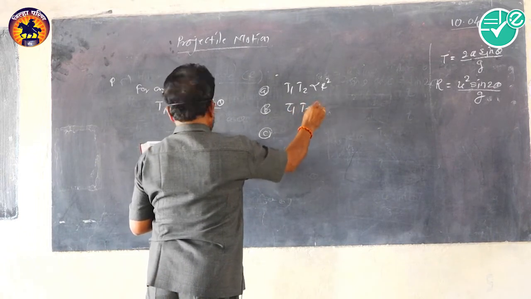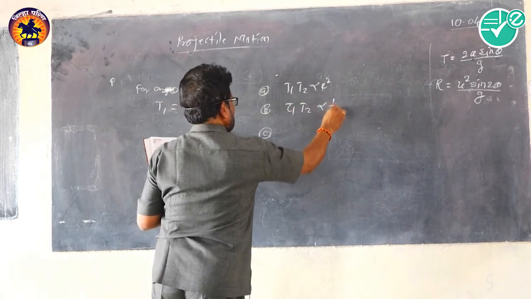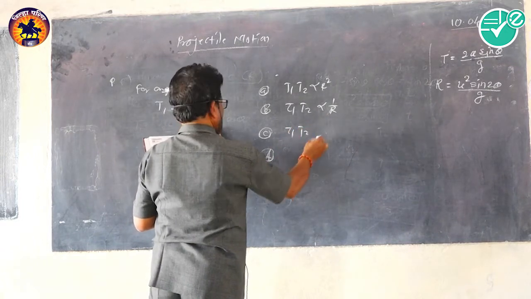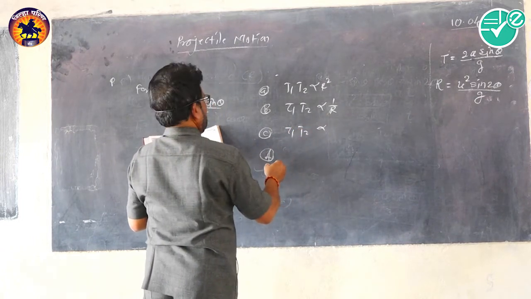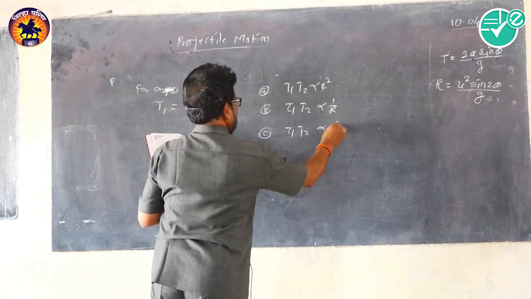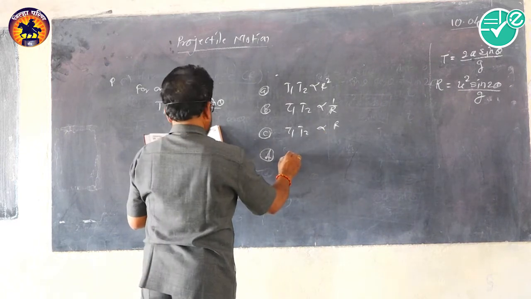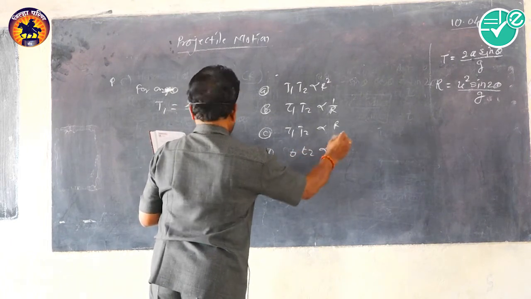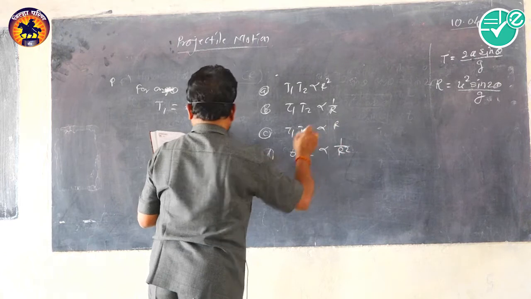T1 T2 is inversely proportional to R. T1 T2 is proportional to R, and T1 T2 is inversely proportional to R square.